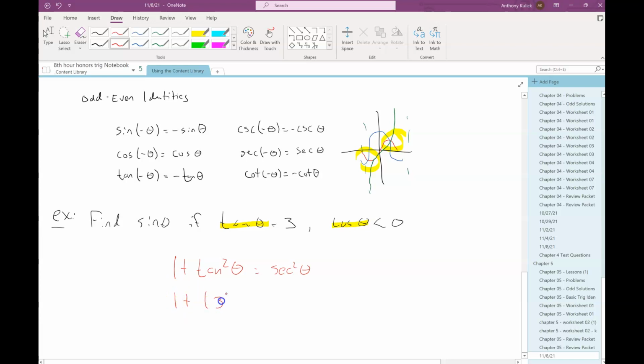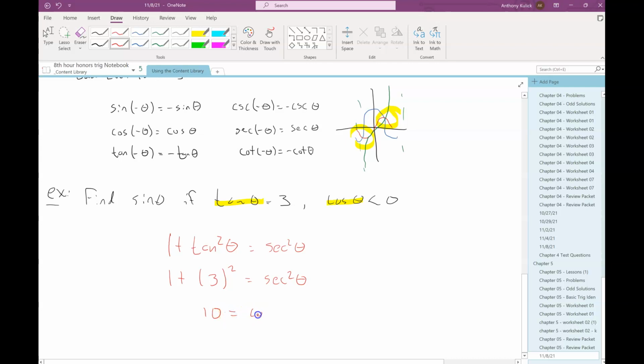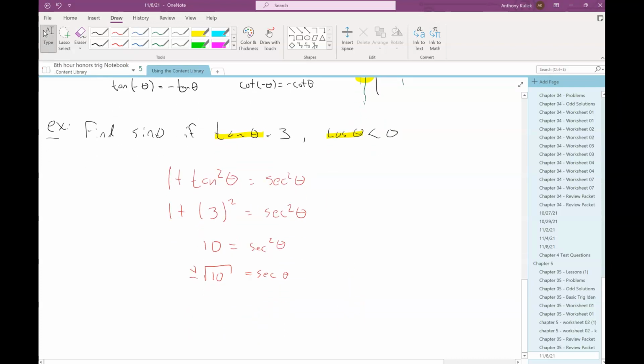So since tangent theta is 3, I get that secant squared theta is 10, or that secant theta is plus or minus the square root of 10. Everybody's okay with that? And I know that secant and cosine are reciprocals. You guys good there?